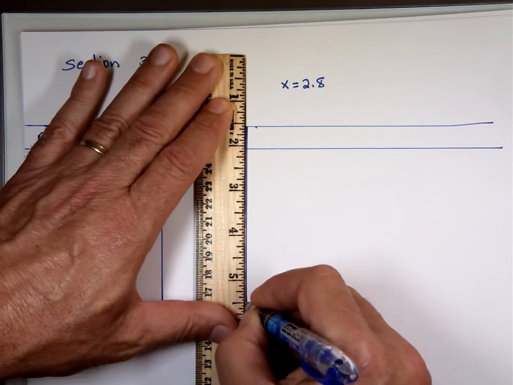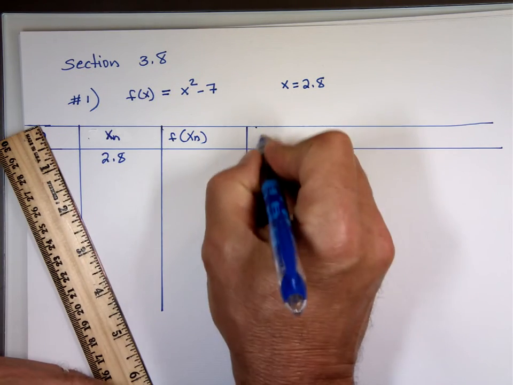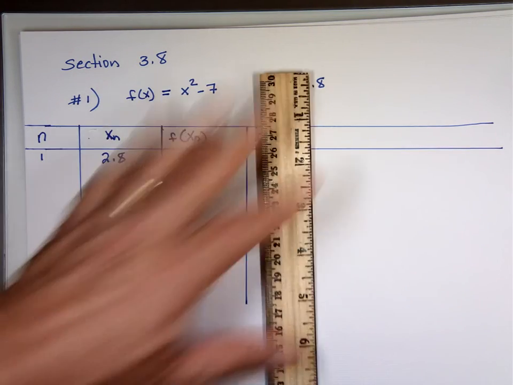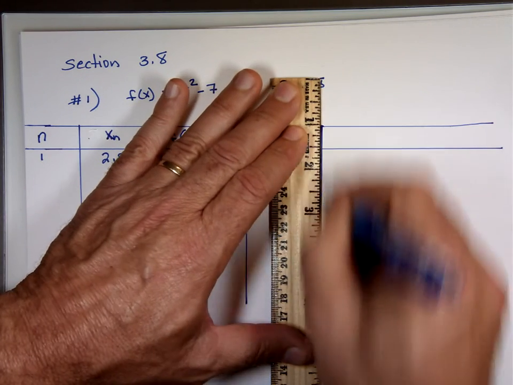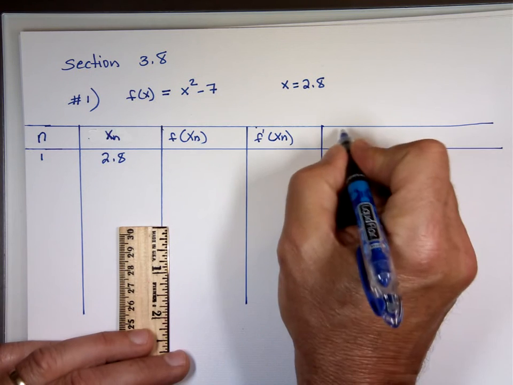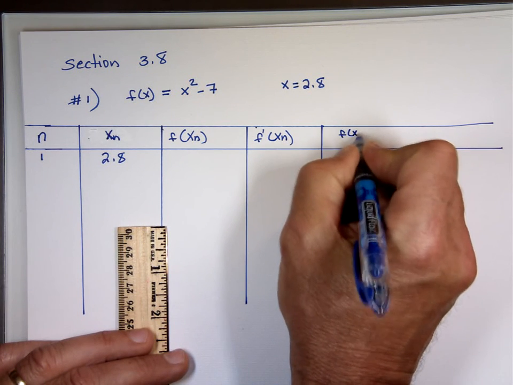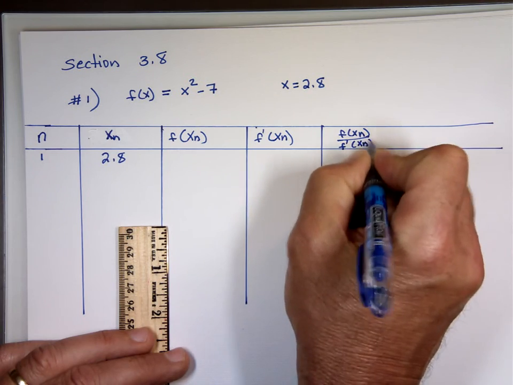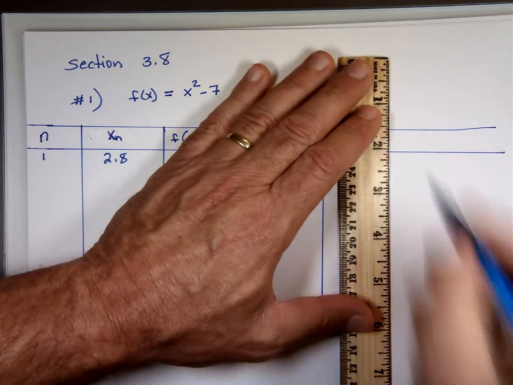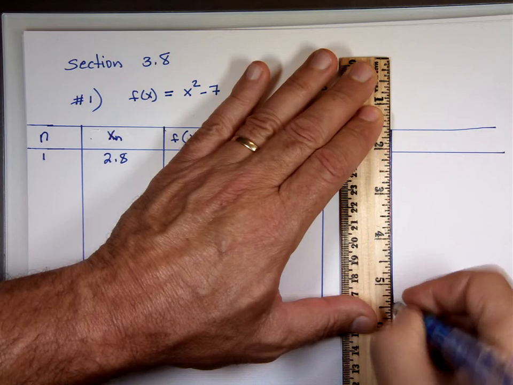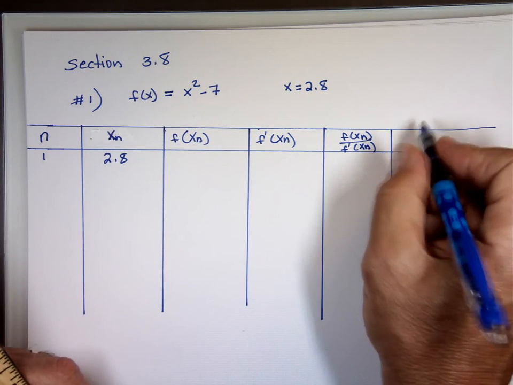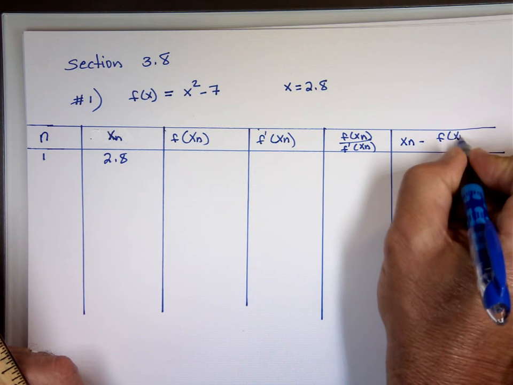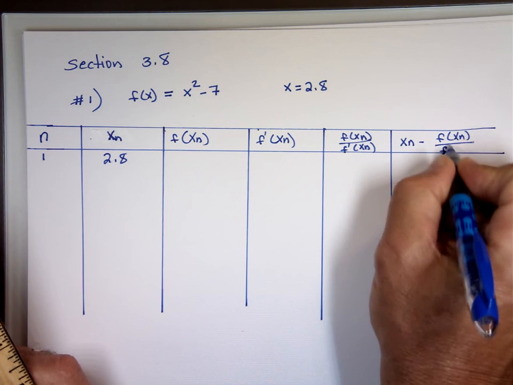Then I have the derivative of x of n. Then I have f of x of n over the derivative, and the last one is x of n minus that.